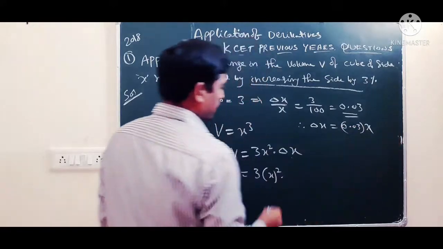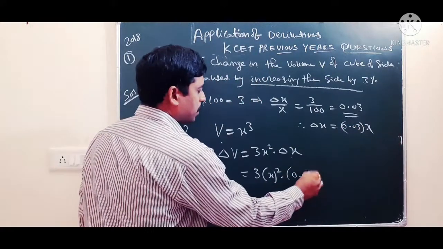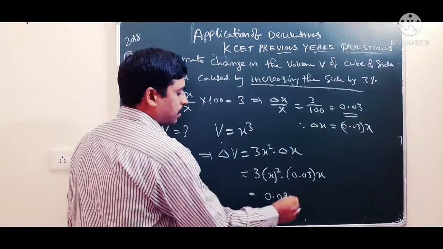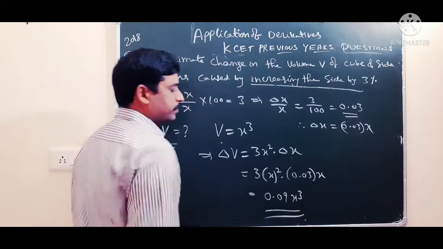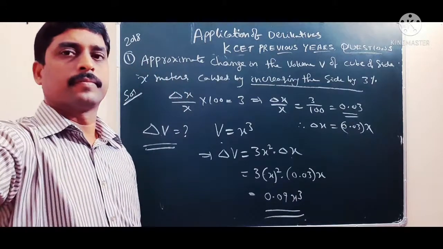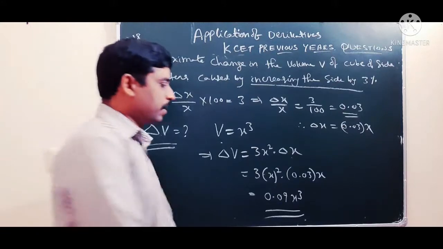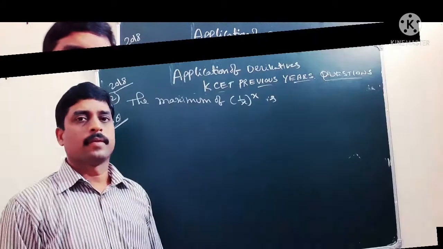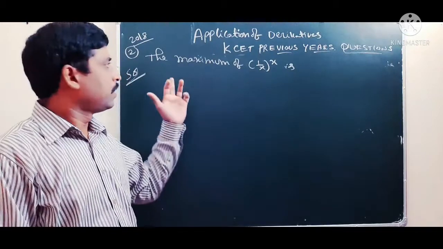So 3 into x square into 0.03 into x will be 0.09 into x cube, in meter cube. This is the final answer. Let us go to the next problem.